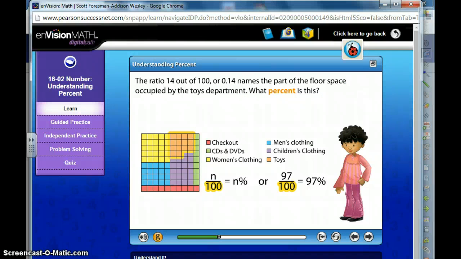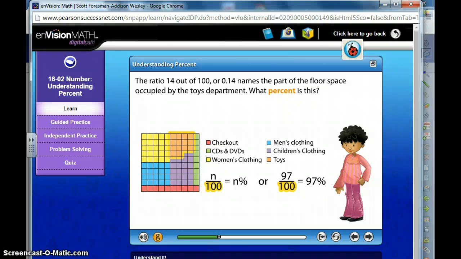Yes? We can figure out the percent, like 97 over 100, we already know it's 97%. You're right. So we don't have to do anything. You're not going to have to divide for these. Now later on in the chapter, you will. But all these are out of 100, so you don't have to divide anything.